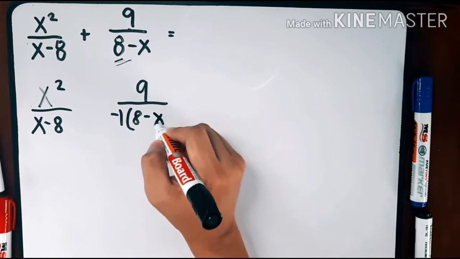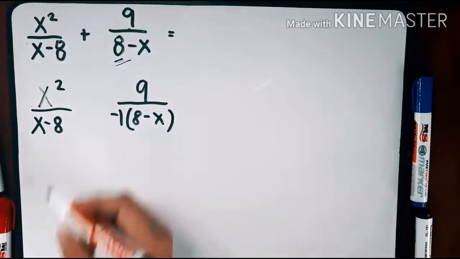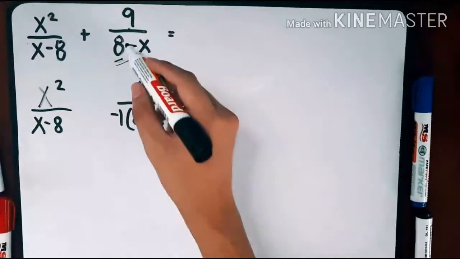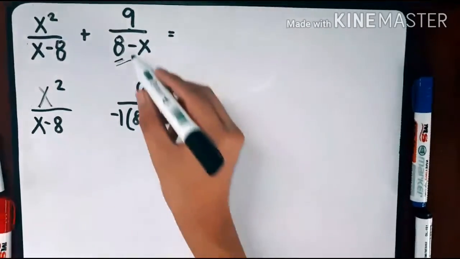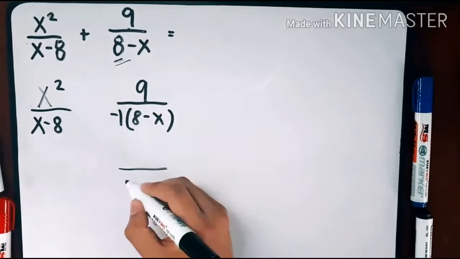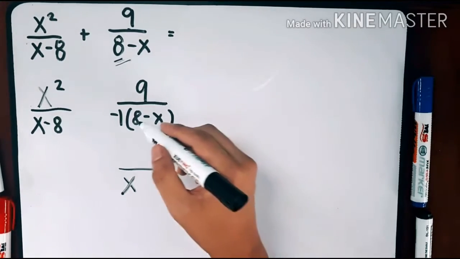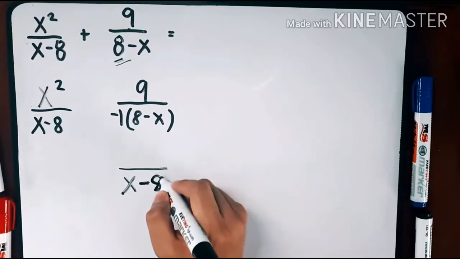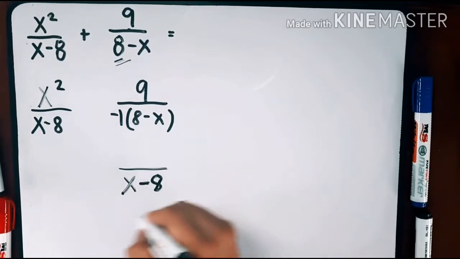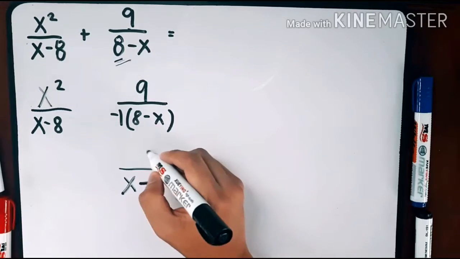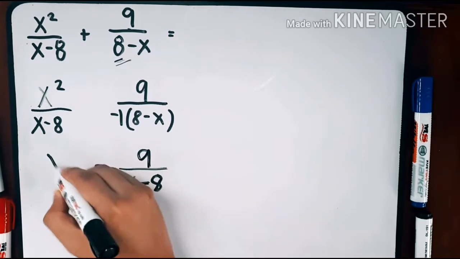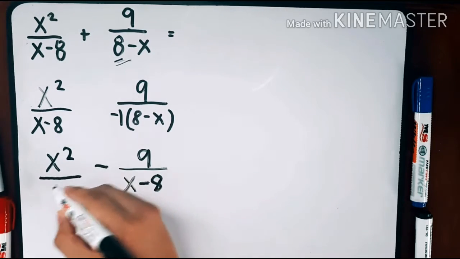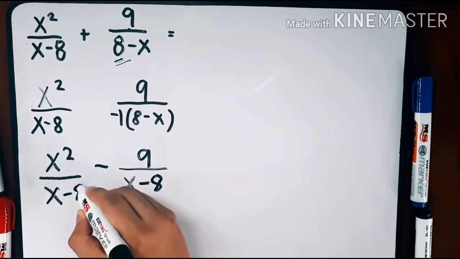Okay? Yan. So, if we take out negative 1 from 8 minus x, yung negative x natin magiging positive x na. And yung 8 is magiging negative 8. So, arrange na lang natin siya. So, negative 9 over x minus 8 and yung x squared over x minus 8.